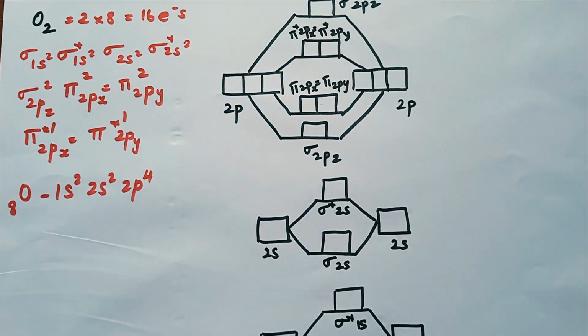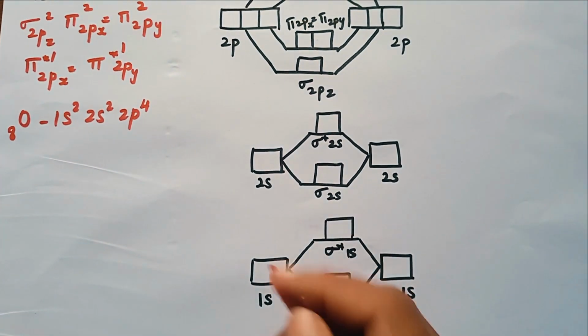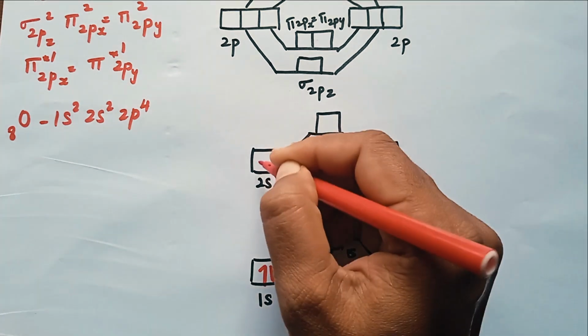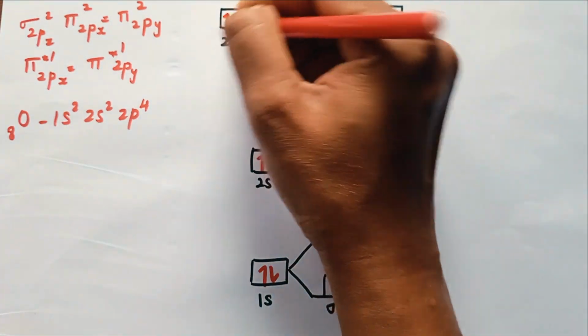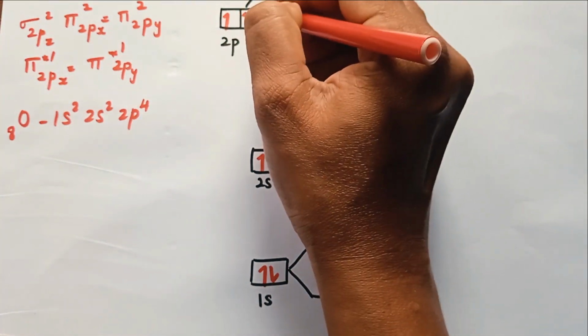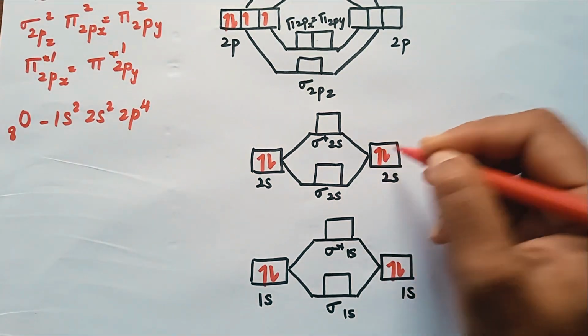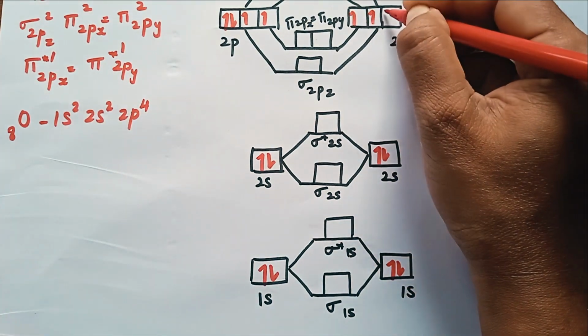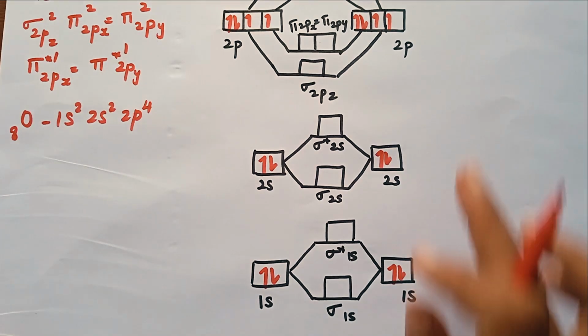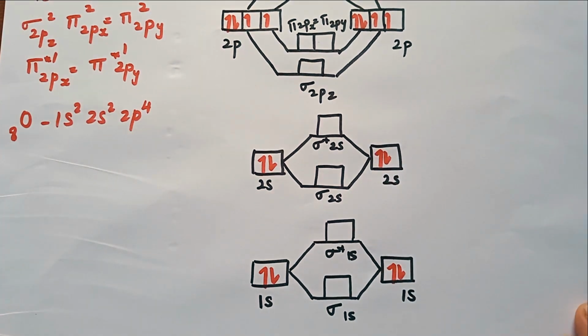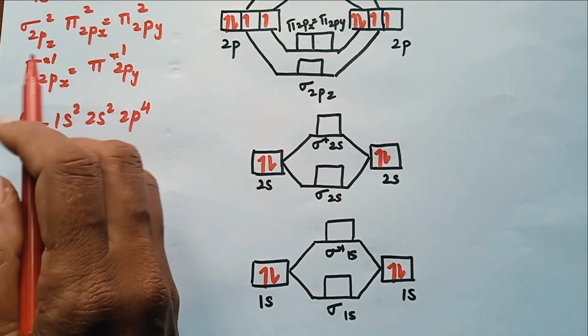Now we start filling the atomic orbital configuration. 1s2 2 electrons, 2s2 2 electrons, 2p4 4 electrons. Same here with 1s2 2 electrons, 2s2 2 electrons, 2p4 4 electrons. Now we'll fill the molecular orbital configuration.